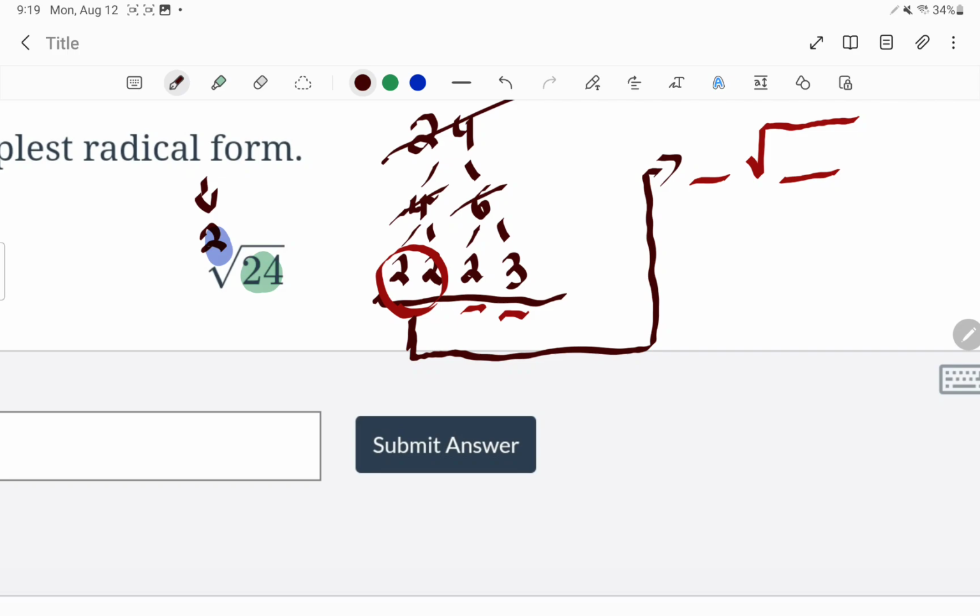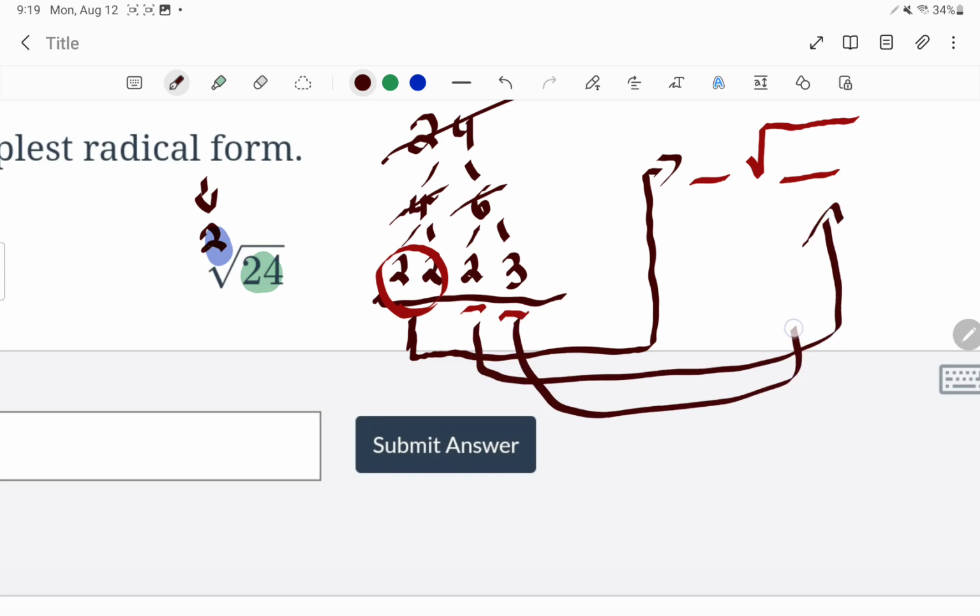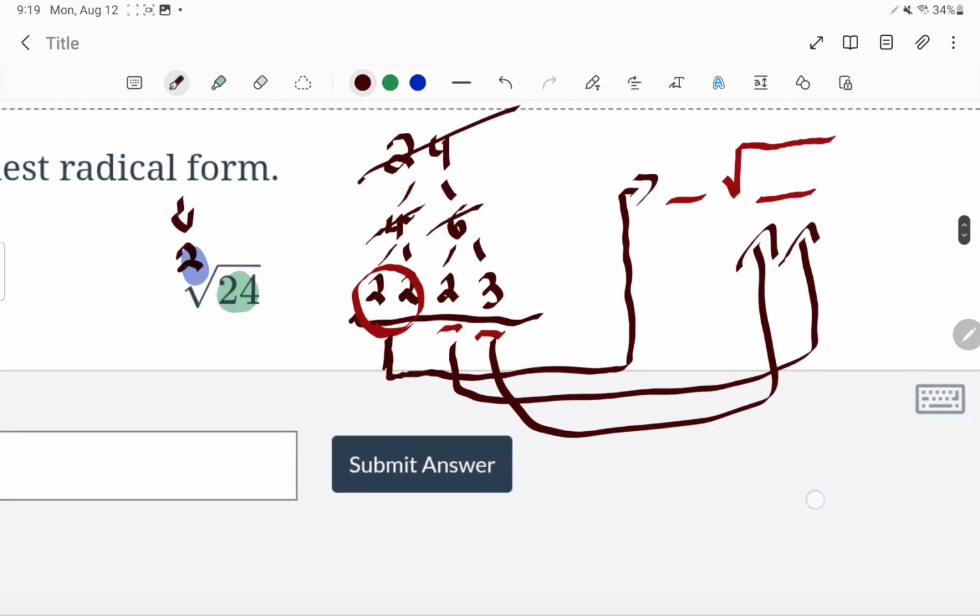Kind of like an analogy: whenever you go to prom or homecoming and you have a date, you usually go out. Anything that doesn't have a date stays at home, inside of the radical. So how is that going to look?